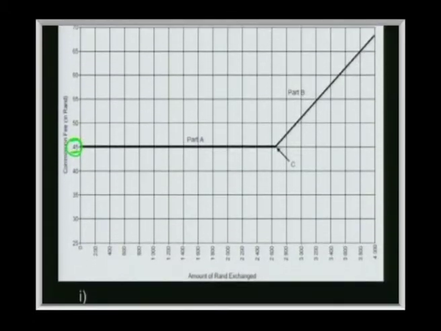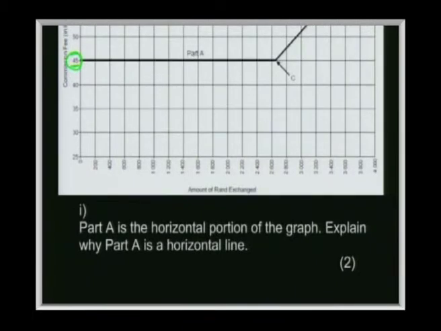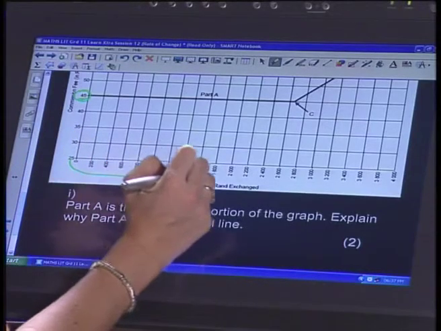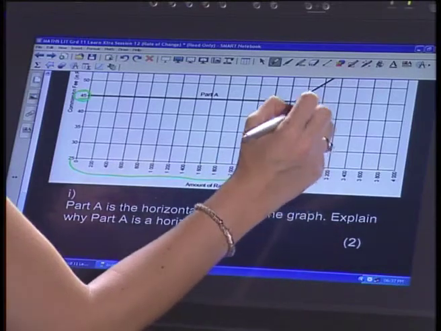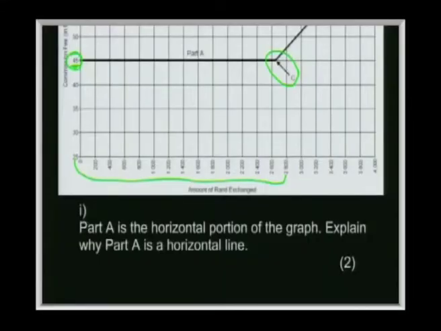So I'm not too sure what you would like to say, but I would say something like 45 Rand is the minimum fee on commission, and it will stay constant no matter how little money you exchange until at C, 45 Rand is actually less than your 1.7%.